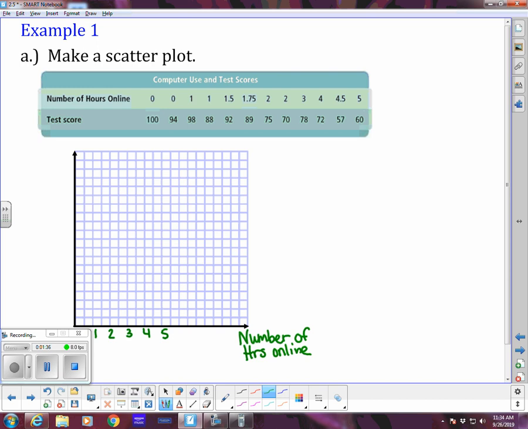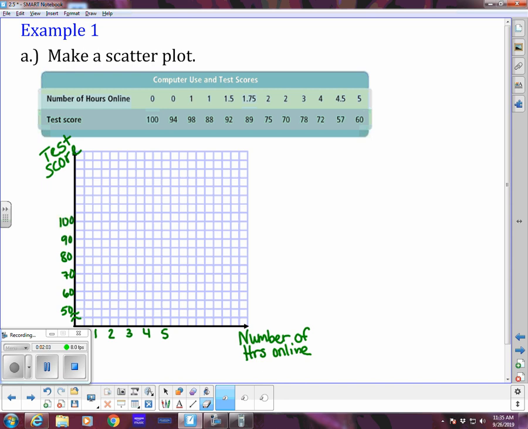And that makes the y-axis the test score. Lowest test score I see is 57 and the highest is 100. So I'm actually going to truncate the y-axis and start right here at 50. And then I'll go by 5s, labeling every other one.